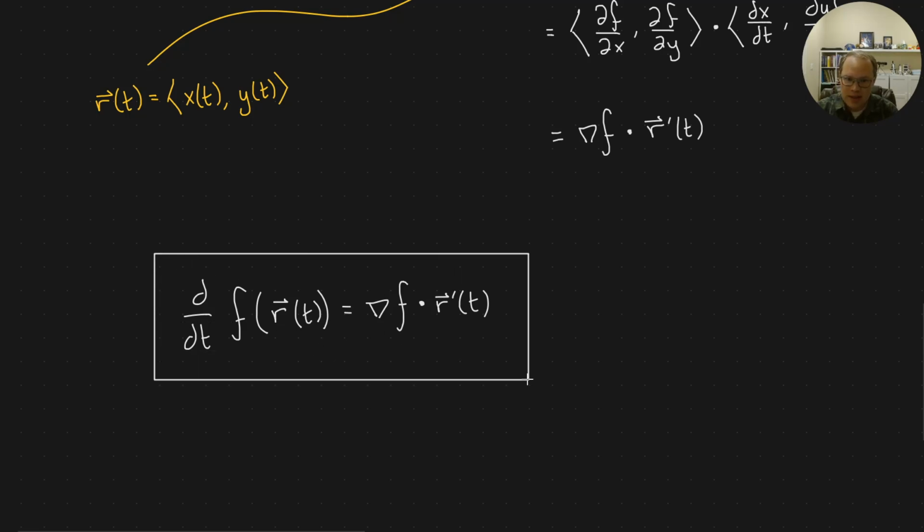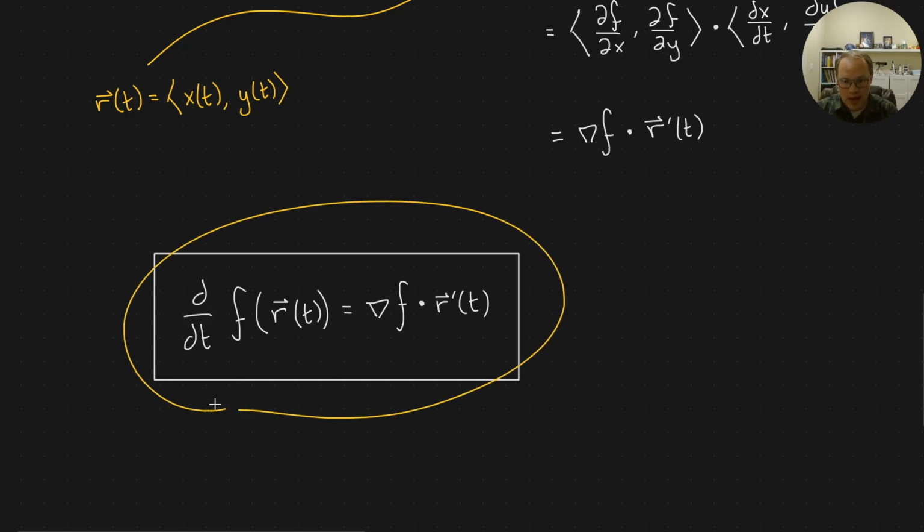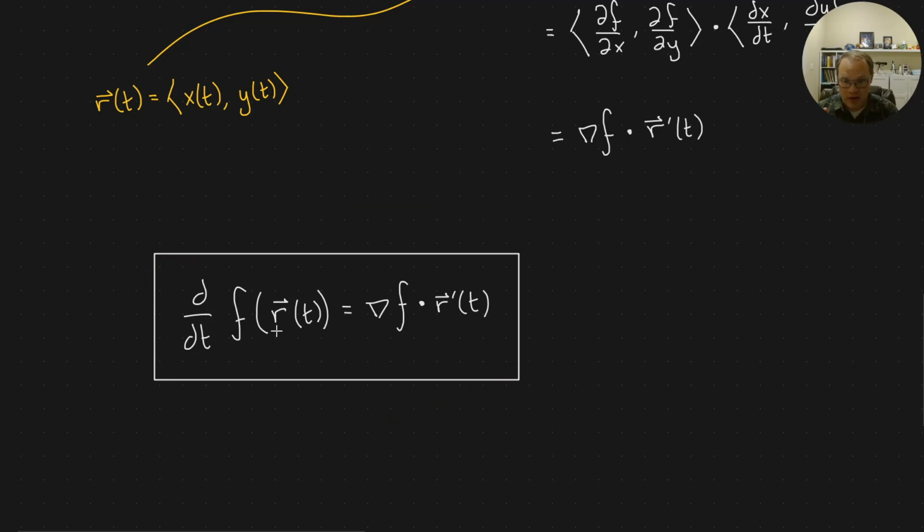This rule isn't limited to just two variables, this is actually a general way to write the multivariate chain rule. Whether you have a vector valued function of 2 variables or 3 variables or 10 variables, this will always be the way we express that multivariate chain rule.